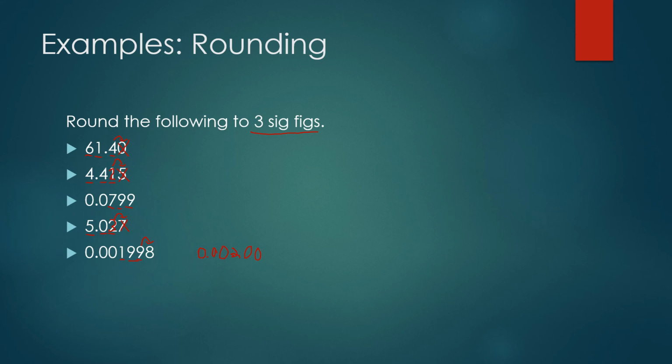So the answer for this one is going to be 0.00200. So the 2 counts because that's our first non-zero number. And then the zeros after it count because we started counting at the 2 and there's a decimal point present. So that one's a little tricky. If you're having any troubles with that, make sure to ask some questions in class and we can do more like it.